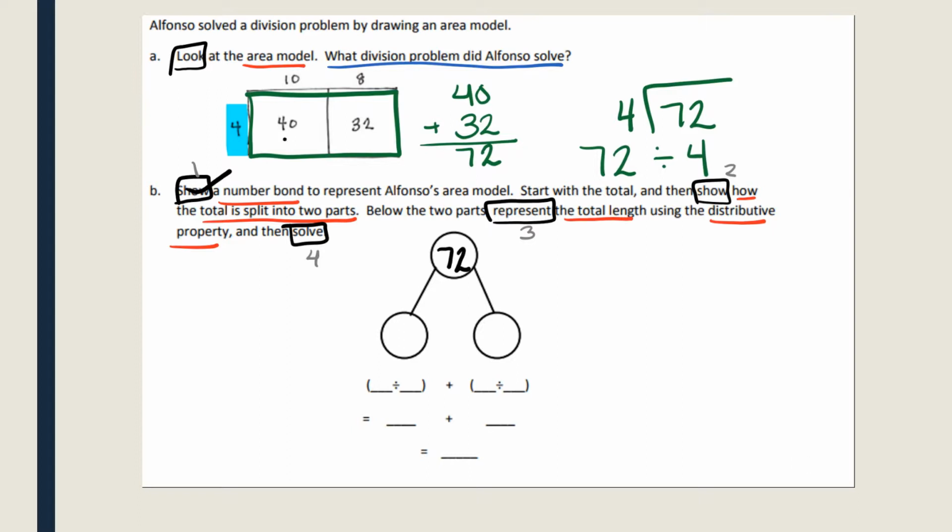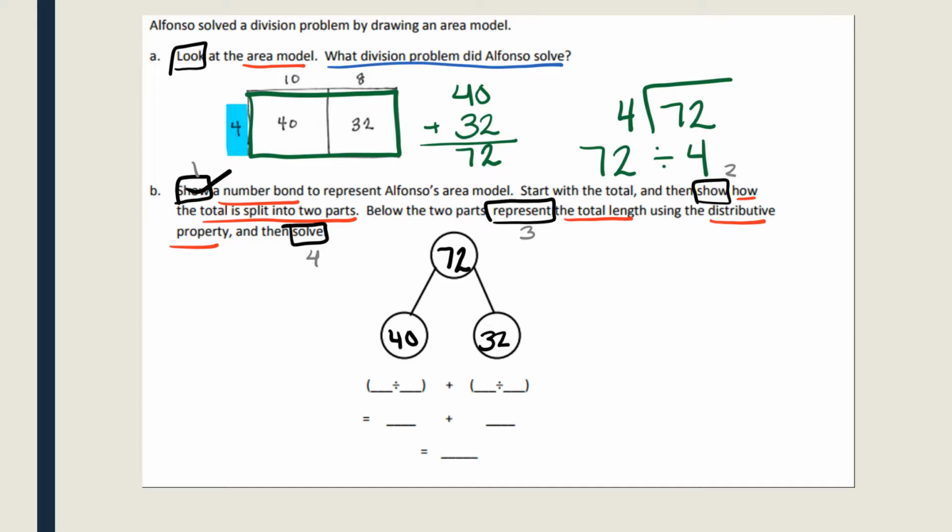And Alfonso split it into two parts, which would be these two boxes in the area model, 40 and 32. Now 40 and 32 are very special numbers because our divisor is 4. And so Alfonso picked two numbers that are multiples of 4. So we know that they will divide evenly.